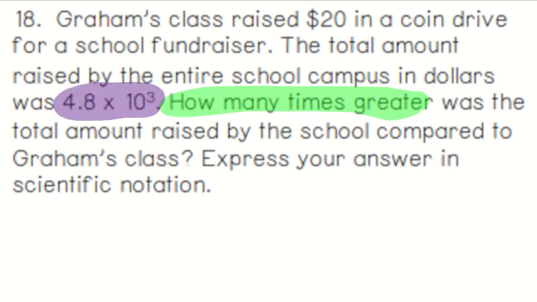There's the total amount for Graham's school. There's Graham's class. So those are the numbers we got to divide. We take the number for Graham's school. How many times more? Basically, how many times.